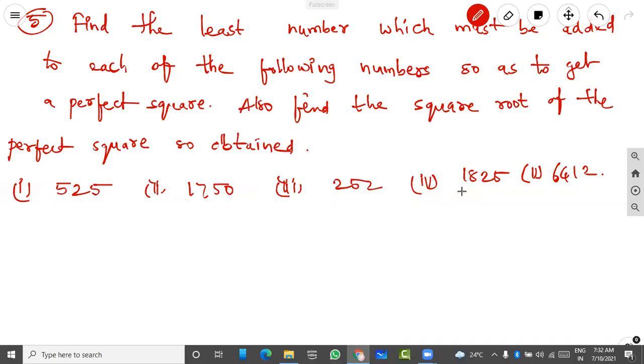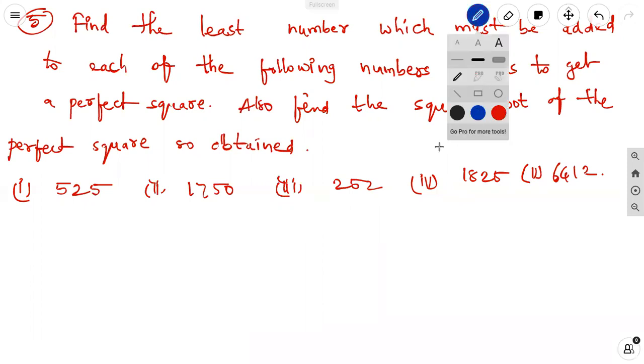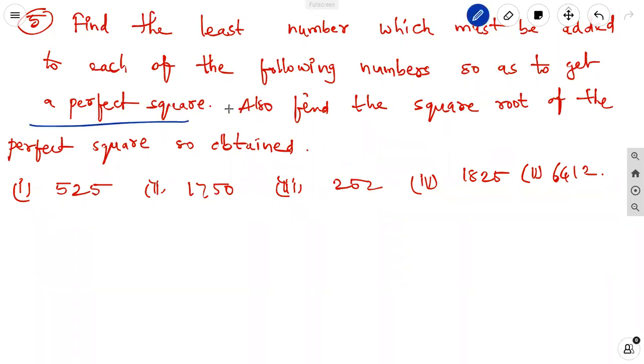Fifth problem. Find the least number which must be added to each of the following numbers so as to get a perfect square. Also find the square root of the perfect square so obtained. In this case, we can take the nearest squares.